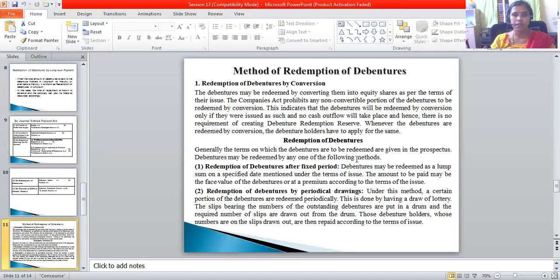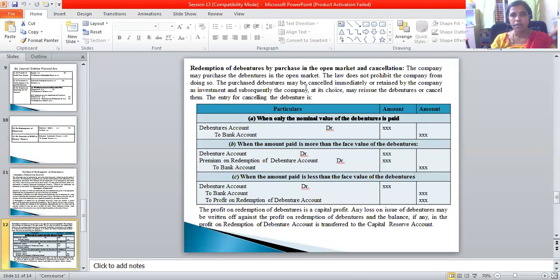Redemption can be done by conversion as well. Redemption of debentures can be through any of the following: redemption after the fixed period set by the company at the time of issue of the debentures, redemption by periodical drawing, and redemption by purchase in the open market or cancellation.